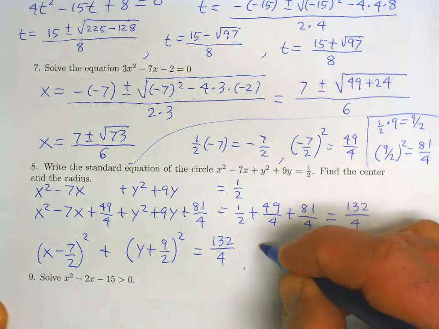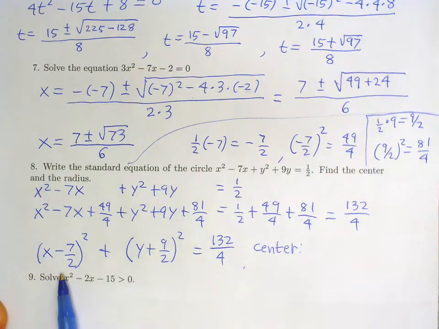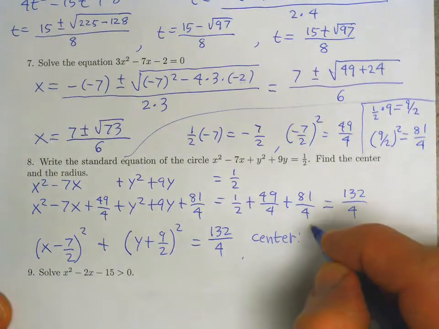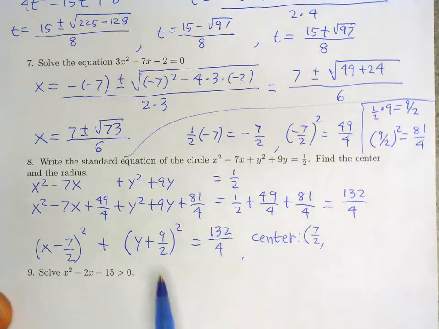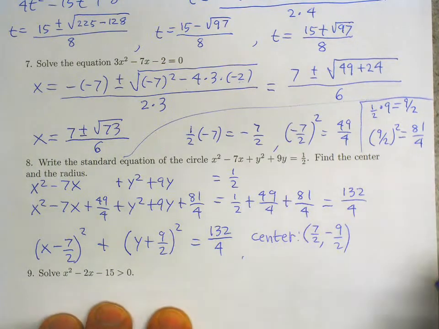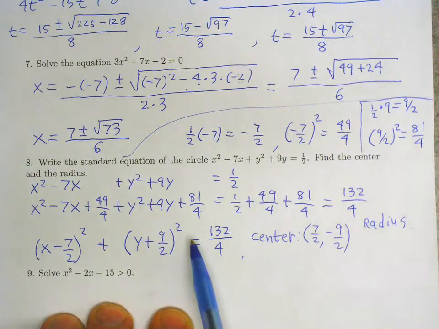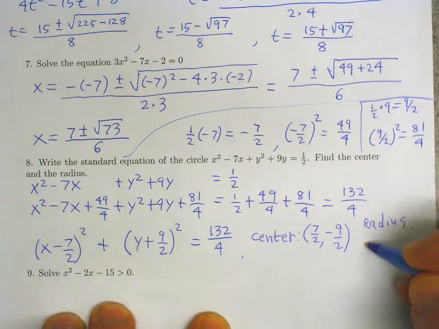Okay, the center: the x-coordinate of the center is positive 7/2. And the y-coordinate of the center is negative 9/2. And the radius is the positive square root of 132/4. So you can simplify that. I'll leave that for you to do. Simplify the square root of 132/4 for the radius.